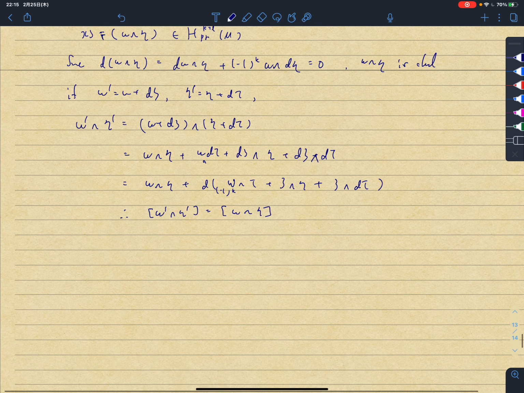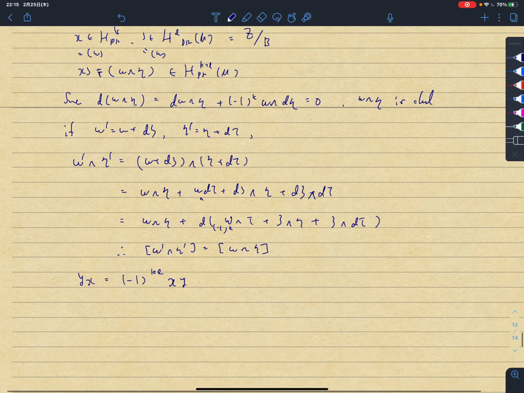So the product xy is determined independently of the choice of closed forms representing x and y. Also, obviously, yx equals (minus 1)^(kl) times xy. Really?